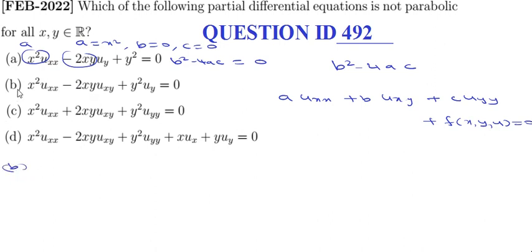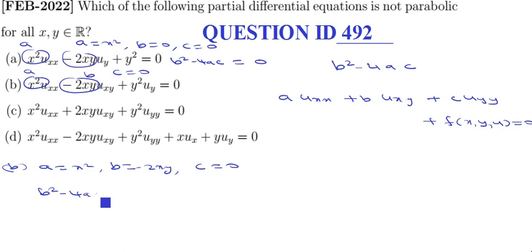So now we will see option B. So this is a and this is b and there is no c, so c is equal to 0. That is, here a equal to x square, b equal to minus 2xy and c equal to 0. So we will calculate b square minus 4ac.